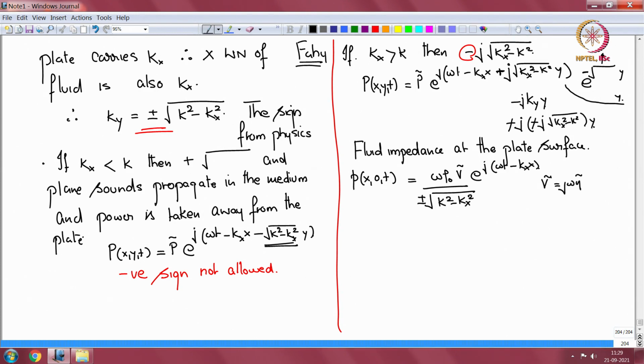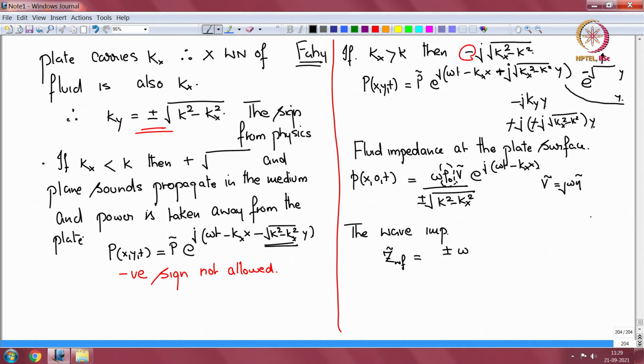Okay, so the wave impedance of the fluid is given by plus or minus omega. I have suddenly used rho 0. It's okay, it's a fluid density.